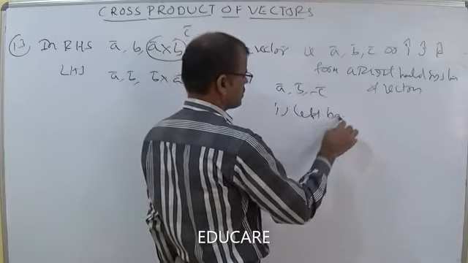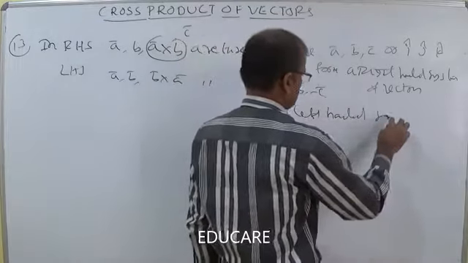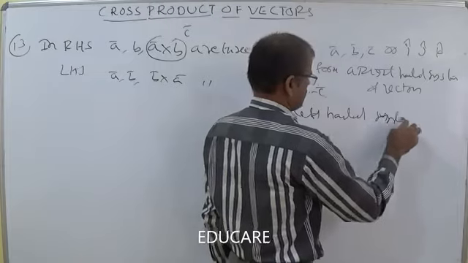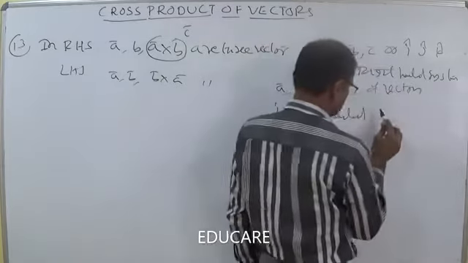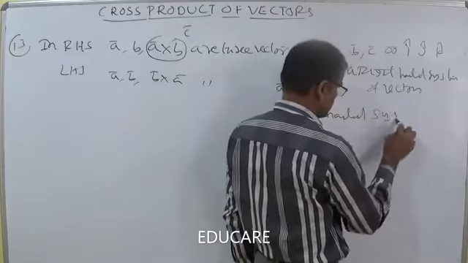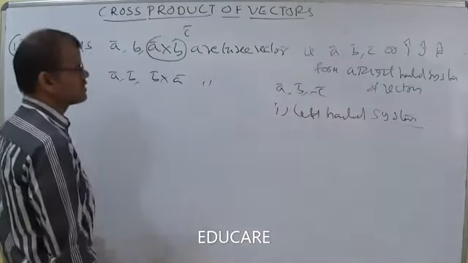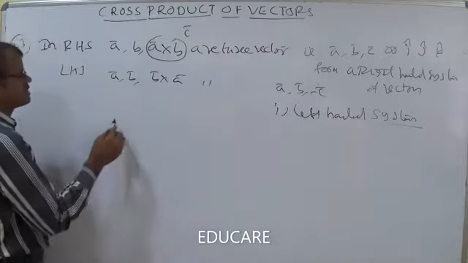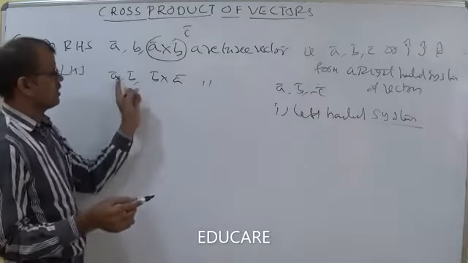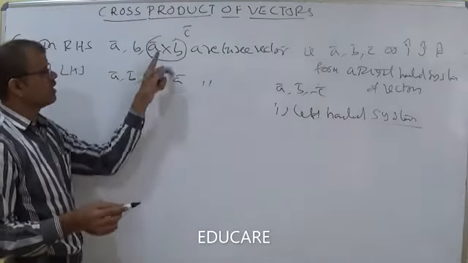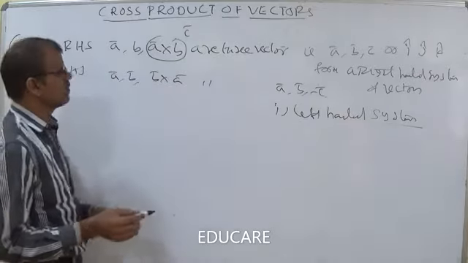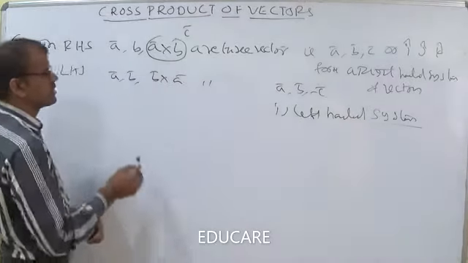So A, B, C is a left-hand system: A, B, minus C. A cross B negative is B cross A, otherwise minus A cross B, you can also say that.